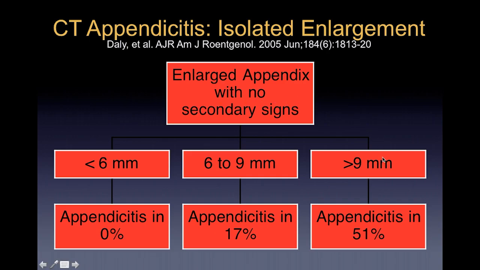On the other side of the little algorithm, an appendix that is greater than 9 millimeters, so essentially we're talking about 1 centimeter or larger, no secondary signs of inflammation, no fat stranding, just like that case we just saw, the likelihood of appendicitis is about 50%. So that's really a very equivocal scan.